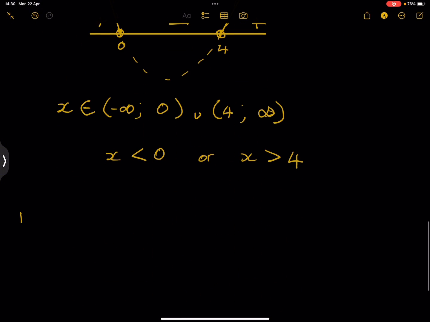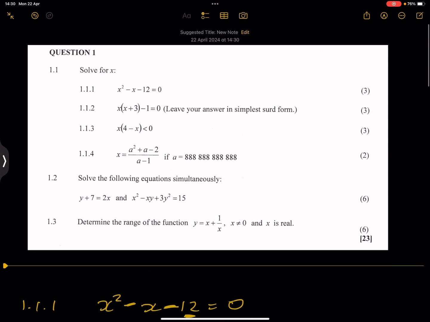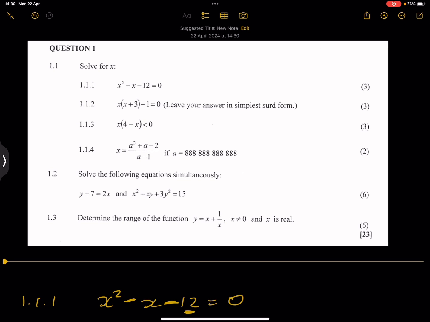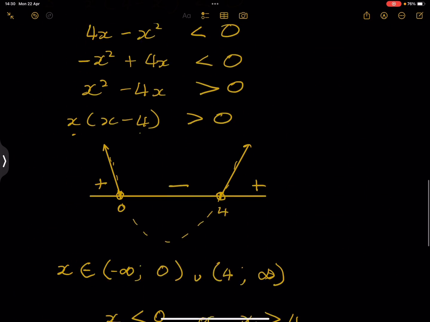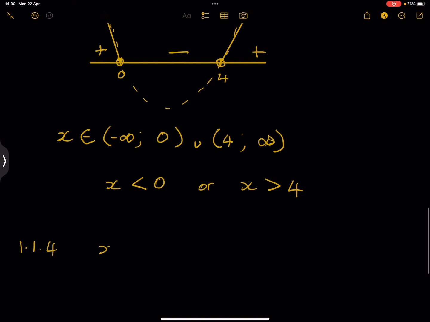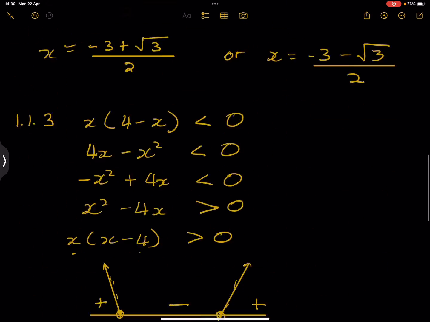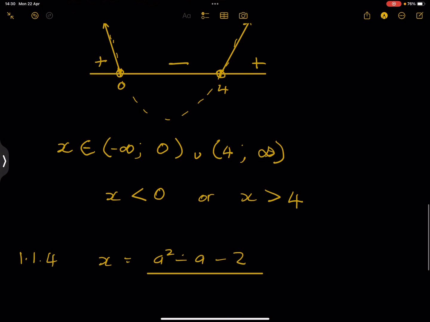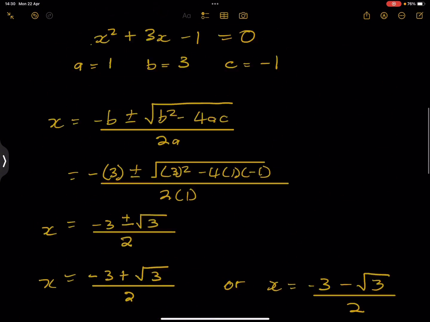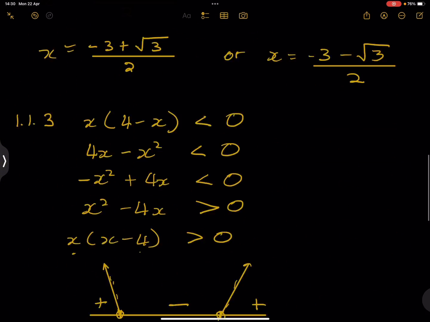Right, so let's go on to the next point. You have to be quick in this section, right? So we've got x is equal to a squared plus a minus 2, divided by a minus 1.